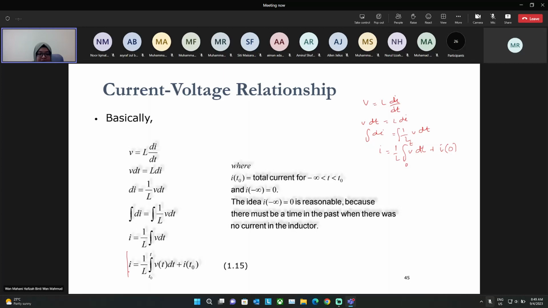This is the generalized equation, and I put 0 here, but it depends on the value needed for the question. This is the third equation. The first equation was V equals L dI/dt, the second is L equals N squared mu A divided by l, and this is the third equation.